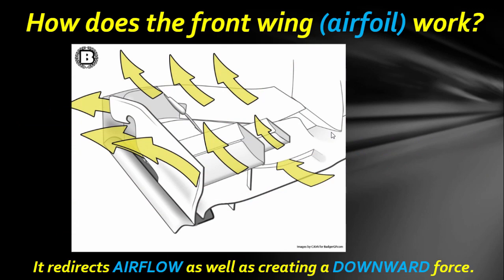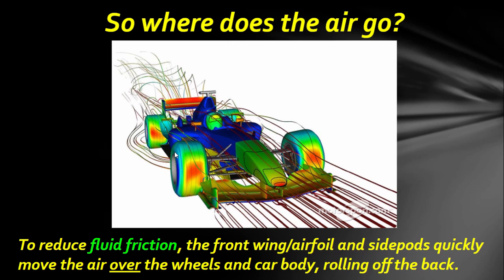This was also in my previous slide. As you would find on a real Formula One car, this front wing or front airfoil, once again, is redirecting airflow, but one thing we find on Formula One cars is they also create this downward force. That downward force, in turn, is giving the car better traction.